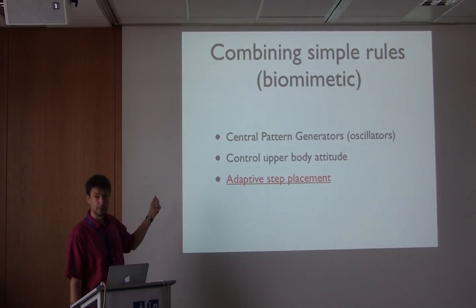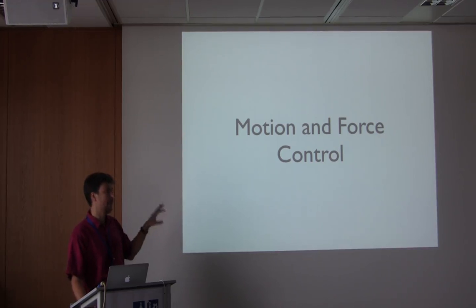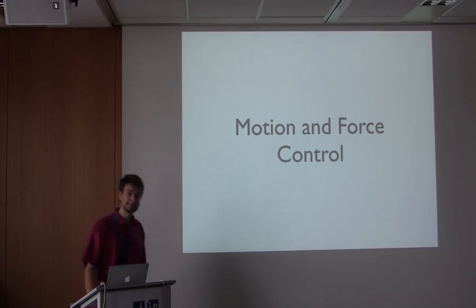And so I propose that we make a break now, and then we'll speak. The second part will be maybe shorter, so that we end up at 12 anyway. So a little bit about motion force control, and then numerical implementation. How do you really program those things on the robots? Okay.